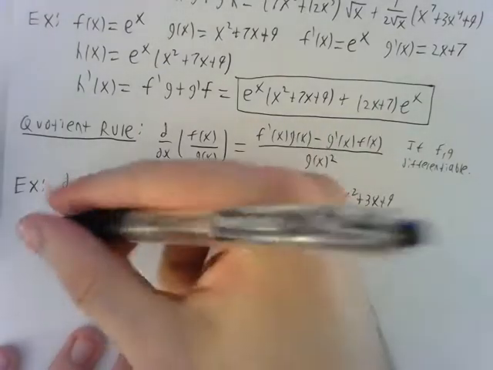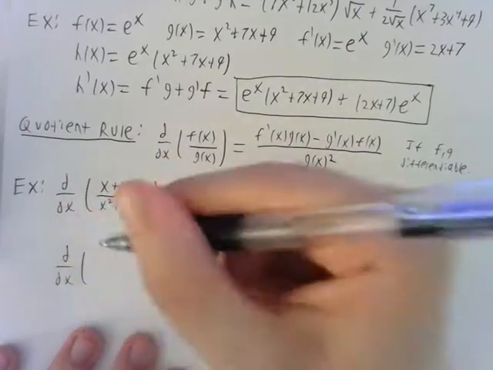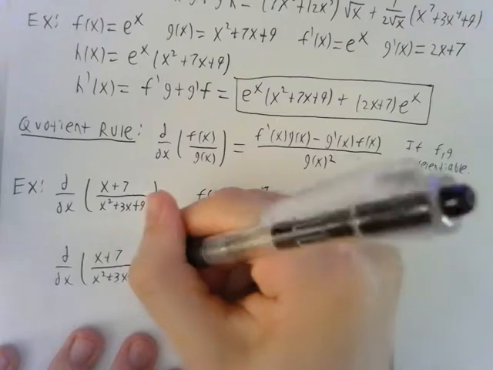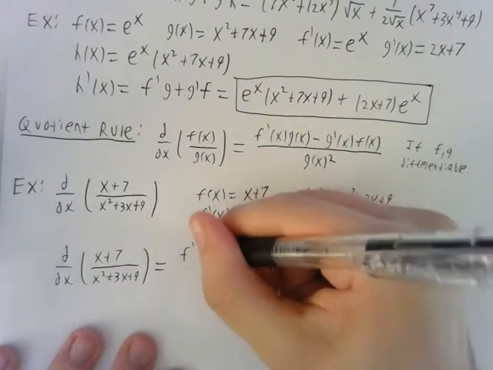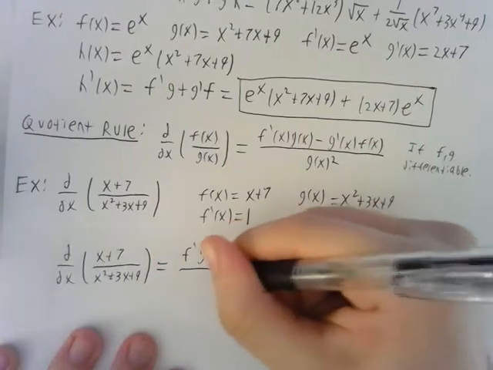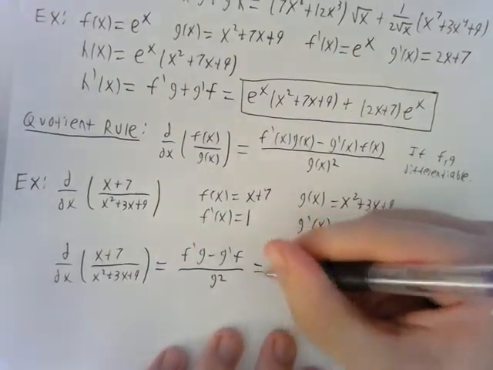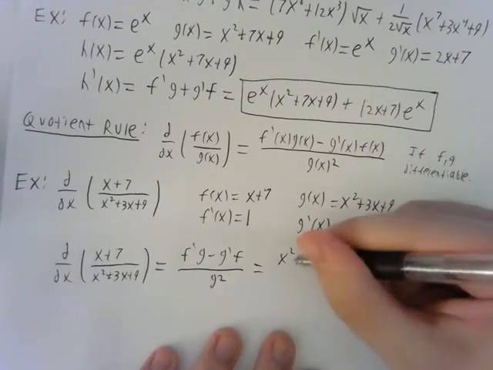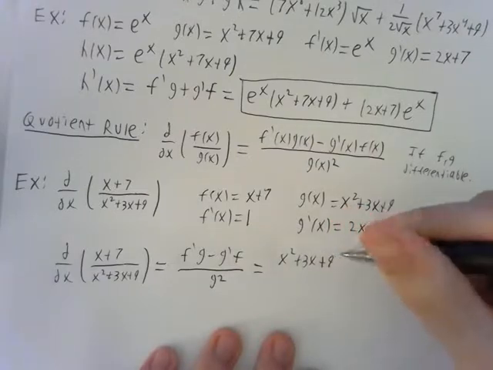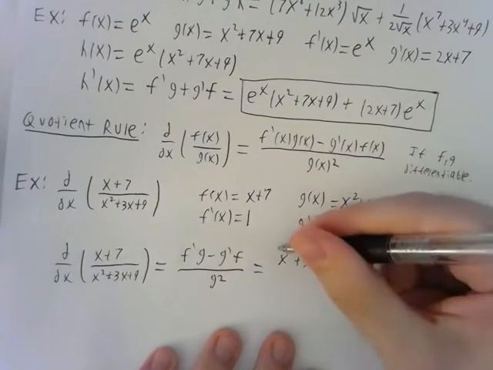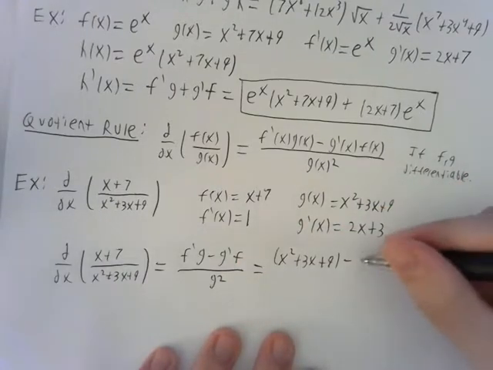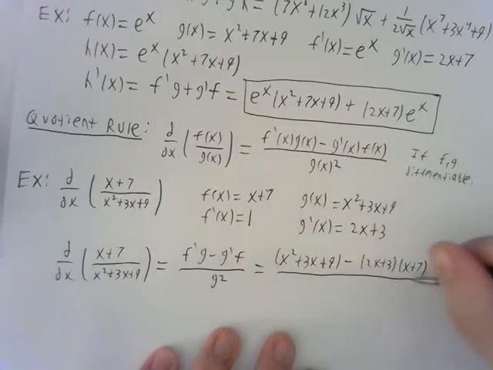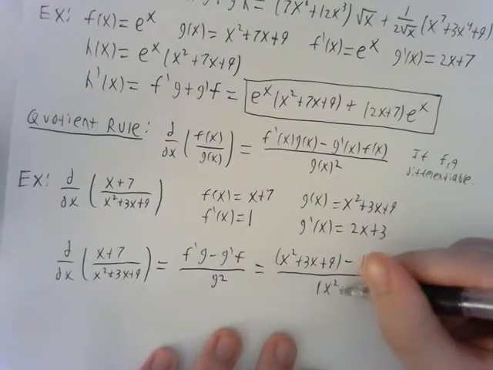So the derivative of this thing is going to be equal to f prime g minus g prime f over g squared, which if we plug in all the things we calculated, this is x squared plus 3x plus 9, and then f prime is 1, so we don't need anything else there, minus g prime times f, which is 2x plus 3, times x plus 7, all divided by g squared, which is x squared plus 3x plus 9 squared.